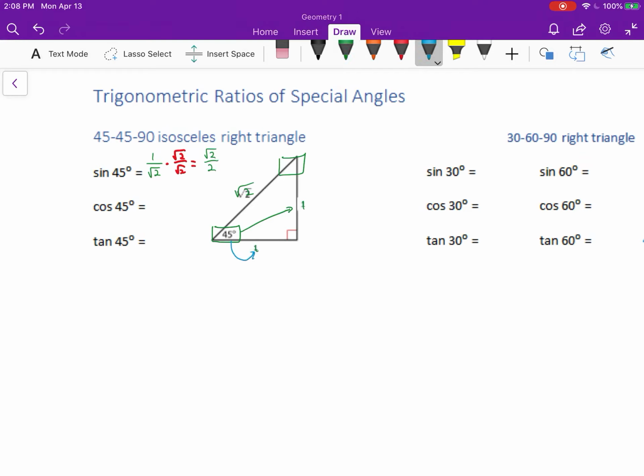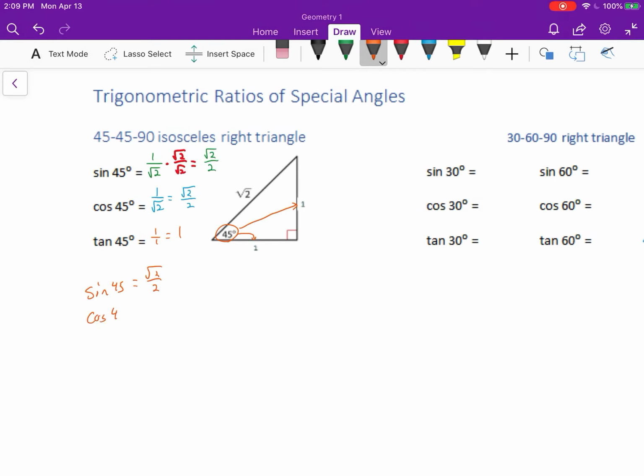The cosine of 45. Cosine of 45 is adjacent leg over the hypotenuse. Oh, it's the exact same thing. So it's root 2 over 2. And then tangent of 45. This is a good one and an important one. Tangent of 45 is opposite leg over adjacent leg, so 1 over 1, which is just 1.